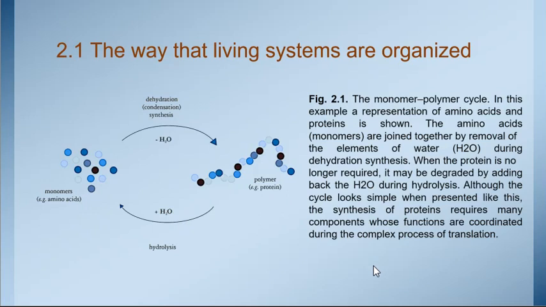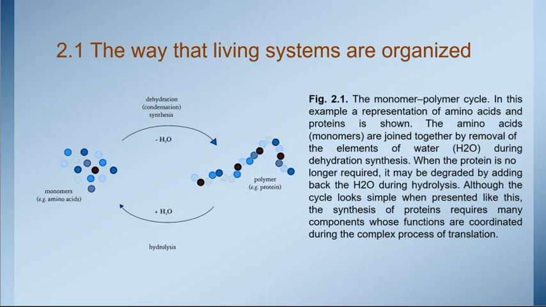So the monomer-polymer cycle in this example is a representation of amino acids and proteins. The amino acids or monomers are joined together by removal of the elements of water during dehydration synthesis.